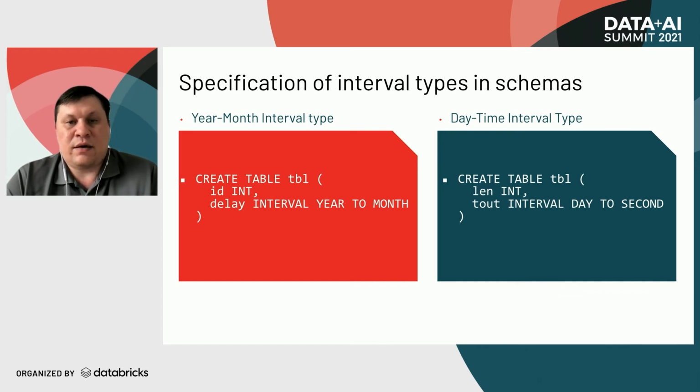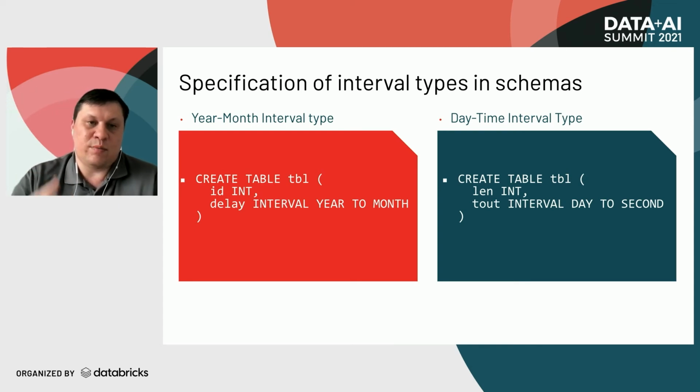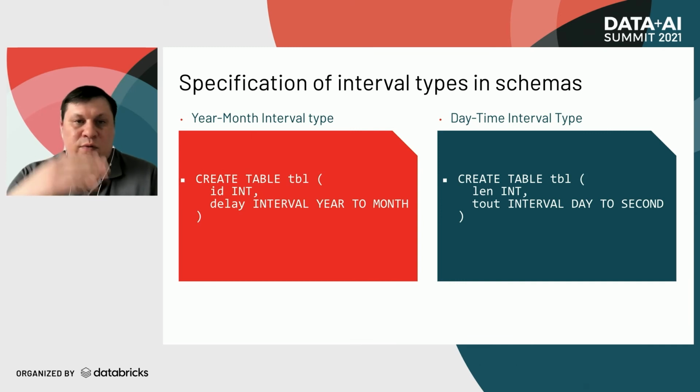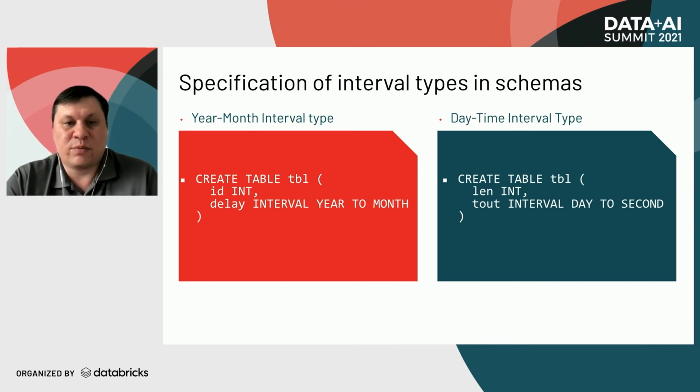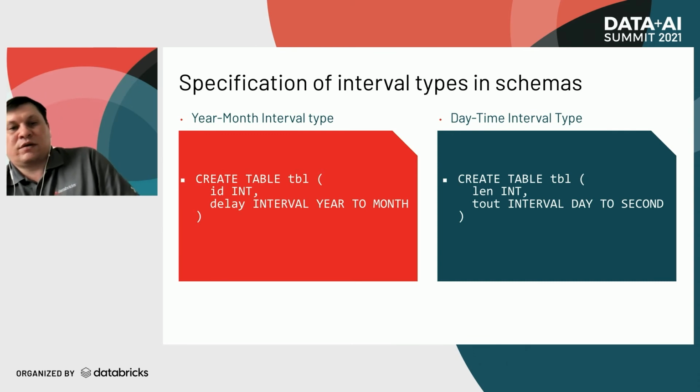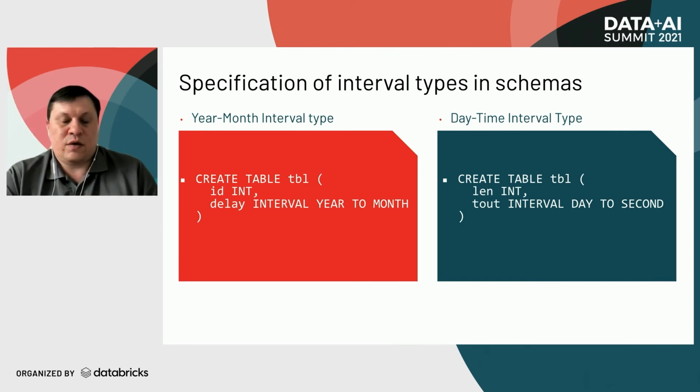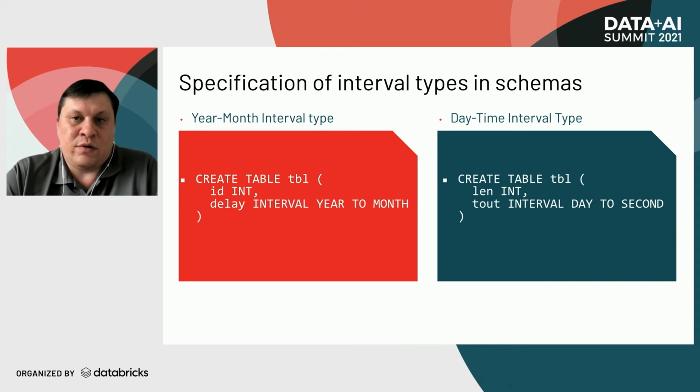The SQL standard says you can define intervals with different units, and it supports many options. But currently, starting from version 3.2, Spark will support only two types of intervals. On the left side, you can see the year-month interval type, and on the right side, interval day to second.